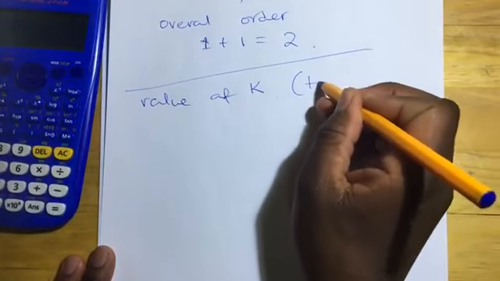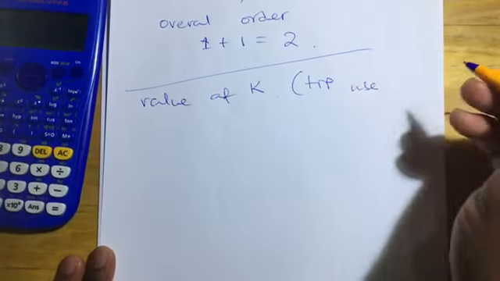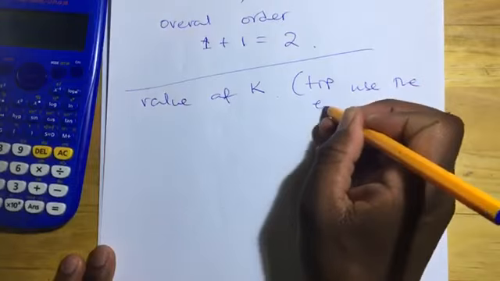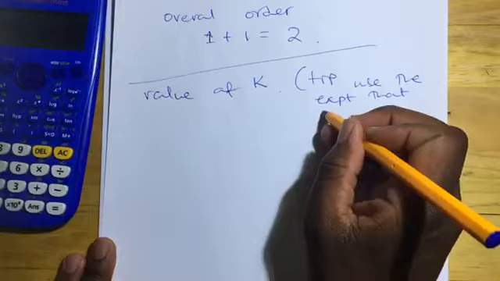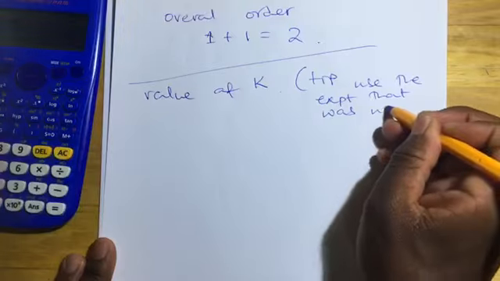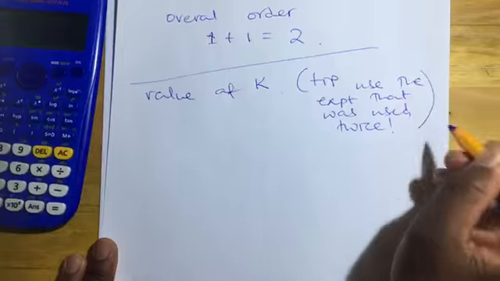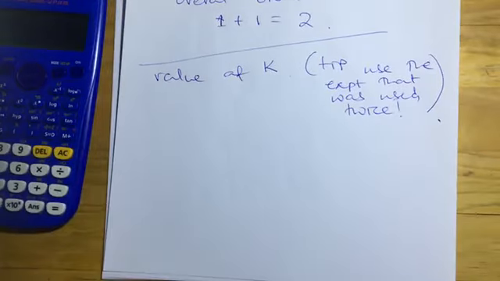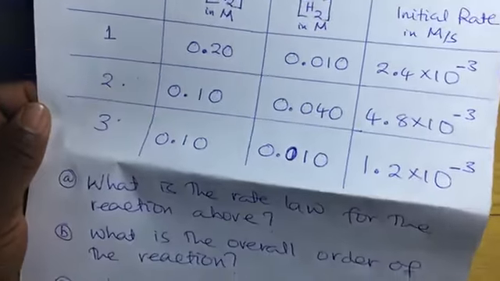Here's a tip. Use the experiment that was used twice. Okay, let's go back to this. Remember, initially, we used experiment 2 and 3.